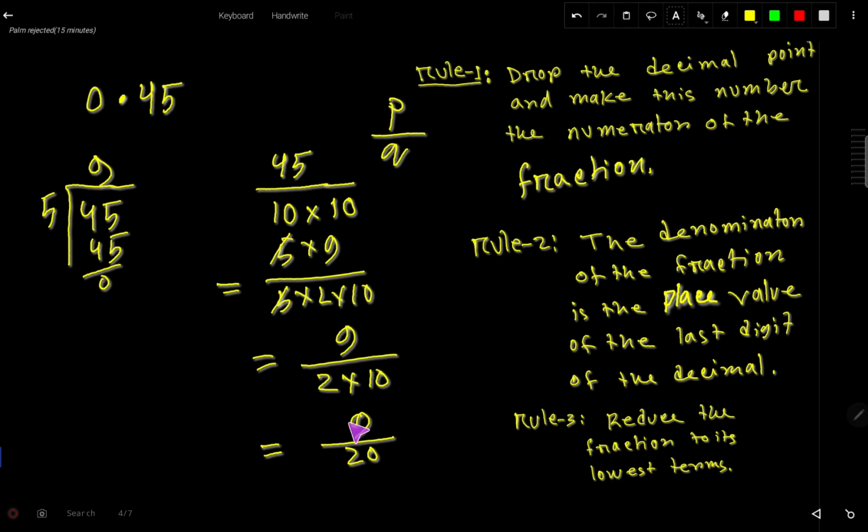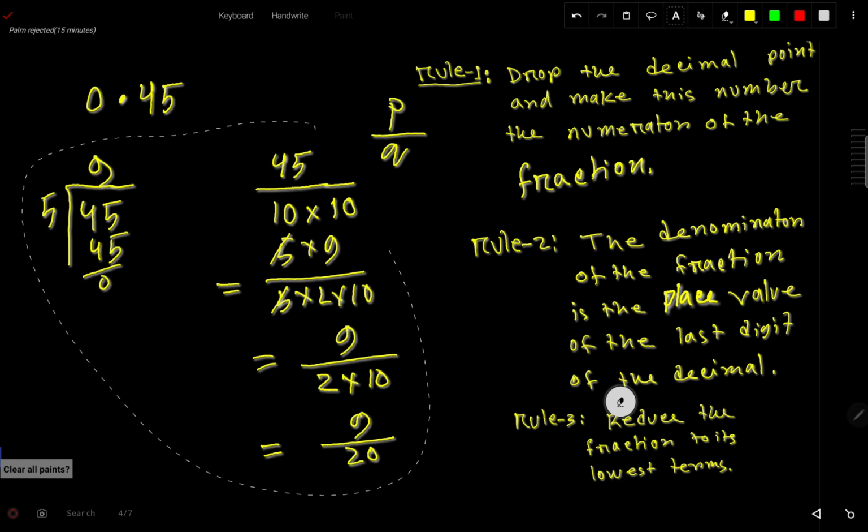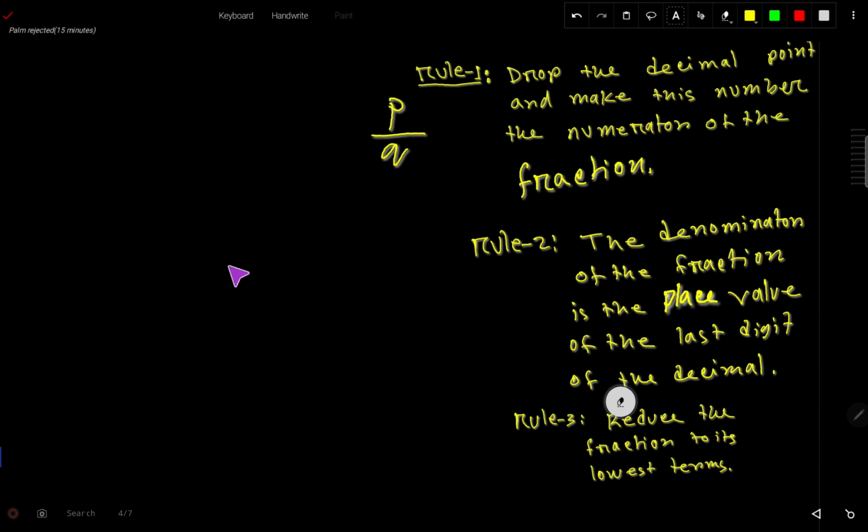So let us take another example. We can consider this number 1.25. So the numerator will be this. Just drop this decimal point and write the number as numerator. For denominator, look, the denominator of the fraction is the place value of the last digit of the decimal.